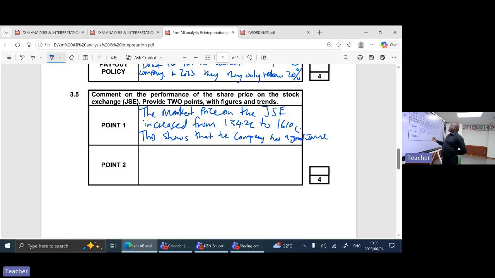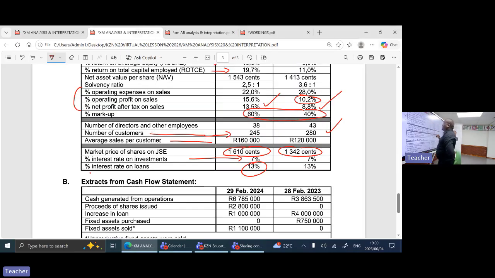Then you can mention your NAV. Right. Then the market price of 1,610 cents in 2024 is above the NAV. Better to mention the NAV. How much was our net asset value per share?